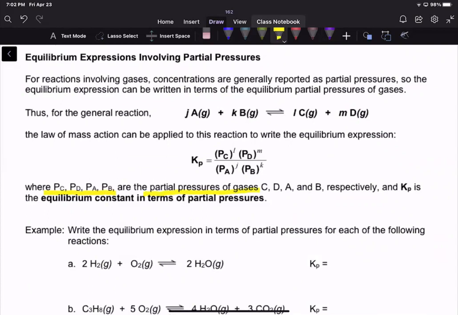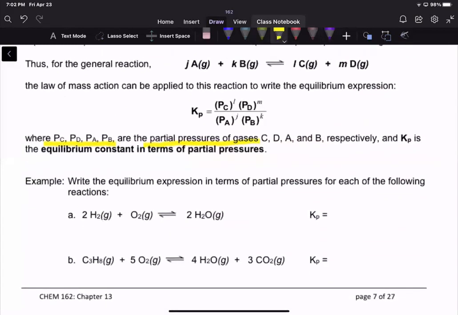And so let's write the same kind of expression, but now these are all just gases, so we'll write them as pressures. So this one will have pressure of water squared over pressure of hydrogen squared times the pressure of oxygen.